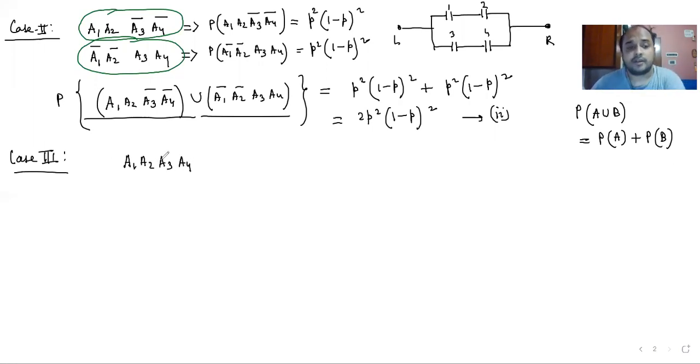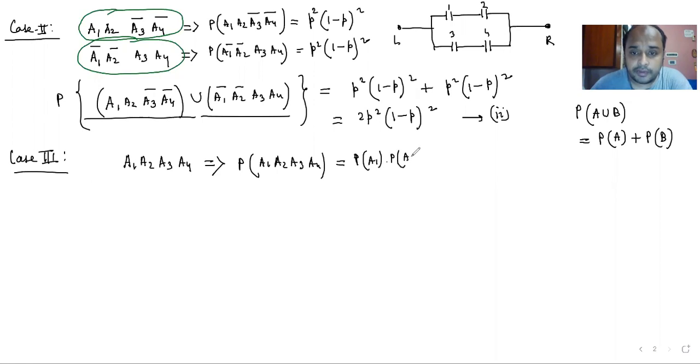If all the relays are closed, then there will be a circuit from L to R. If I am interested in finding the probability of this event, these events are independent, so we multiply the probabilities one by one. Let me write it for your understanding, because sometimes you may become confused. So this will become P to the power 4.